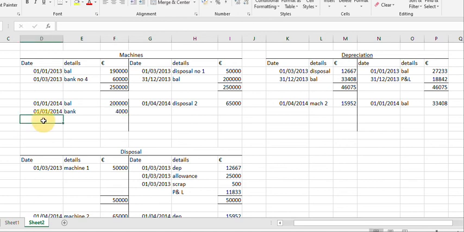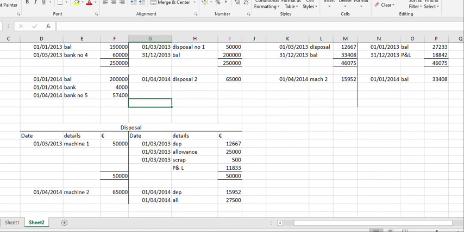And on the 1st of the 4th 14 from the bank was 57,400 for machine number 5. So on the 1st of the 4th we disposed of 65,000, we bought 57,400.